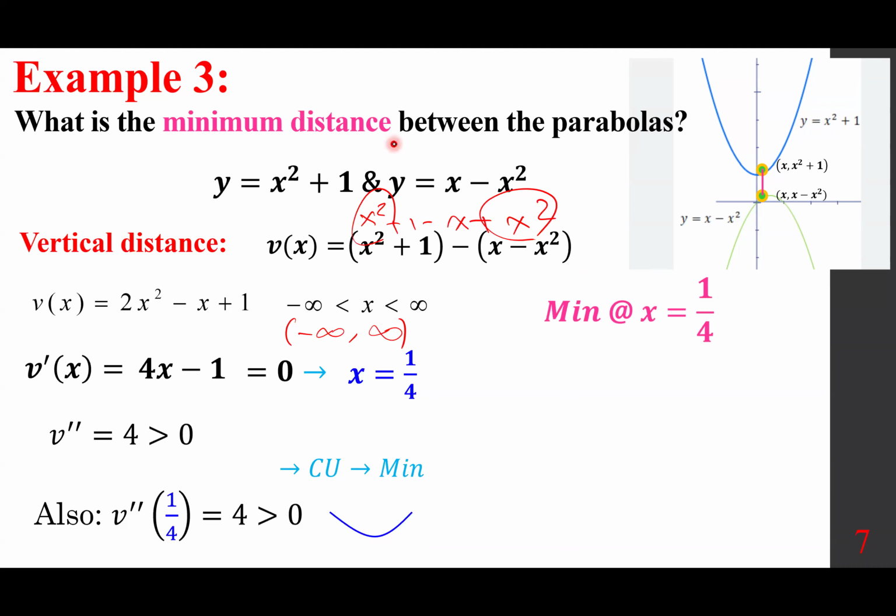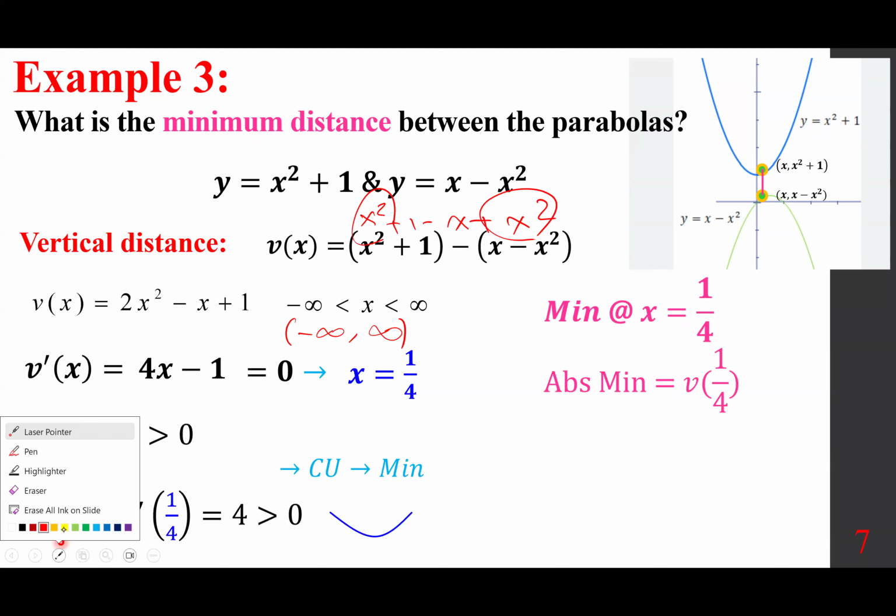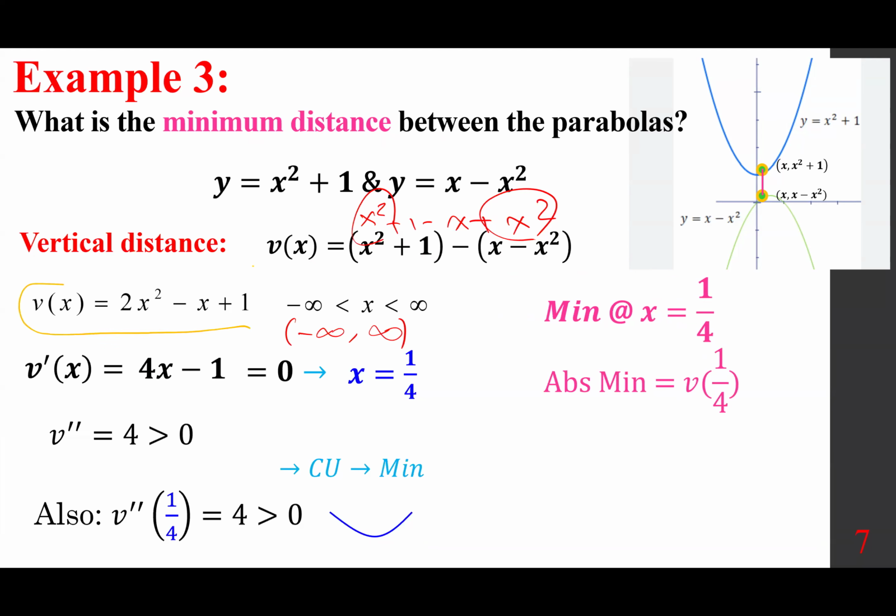What is the minimum distance? Plug it into the V function. Two times 1/4 squared minus 1/4 plus 1.